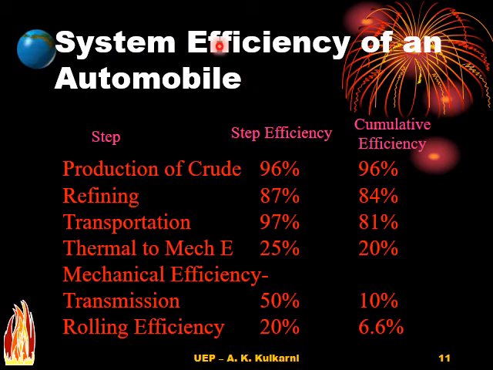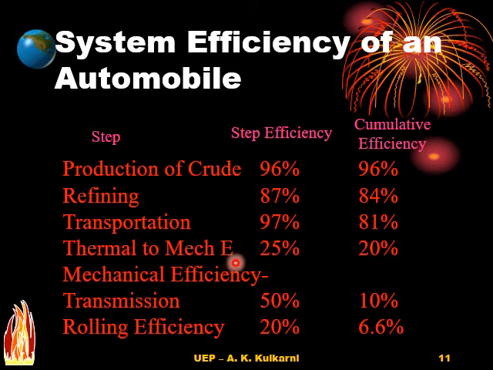The system efficiency of an automobile: this is the entire efficiency detail of the automobile vehicle. First there is the production of crude oil. After producing the crude oil, we want a particular oil, either petrol, diesel, or gasoline. So we need to refine that crude oil. This is the efficiency of refining. Then we need to transport it to petrol pumps, and these are the efficiencies of those.